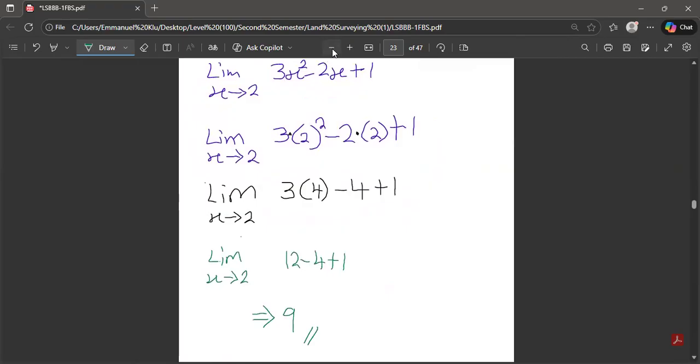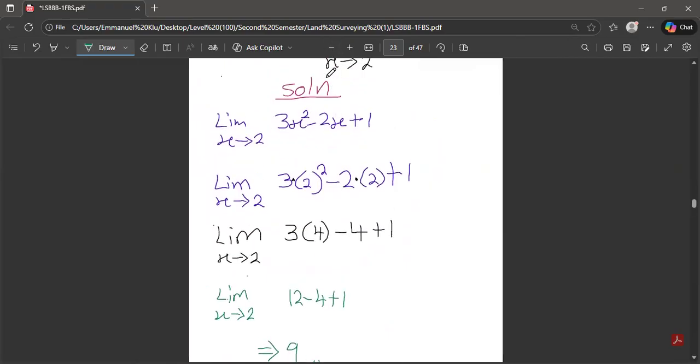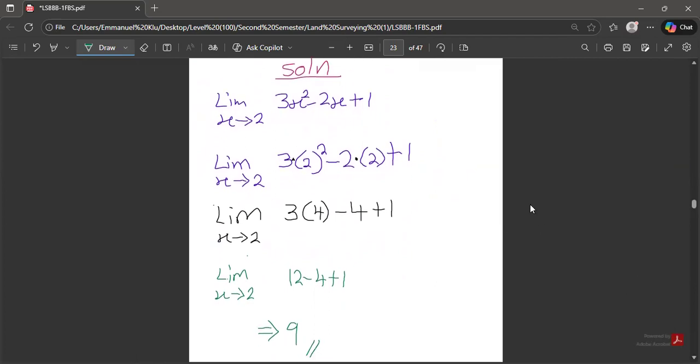Okay. So this thing is 12 negative 4 plus 1. Okay. I hope you can see the full screen. Yes, I've seen it. Okay. That's good to hear.